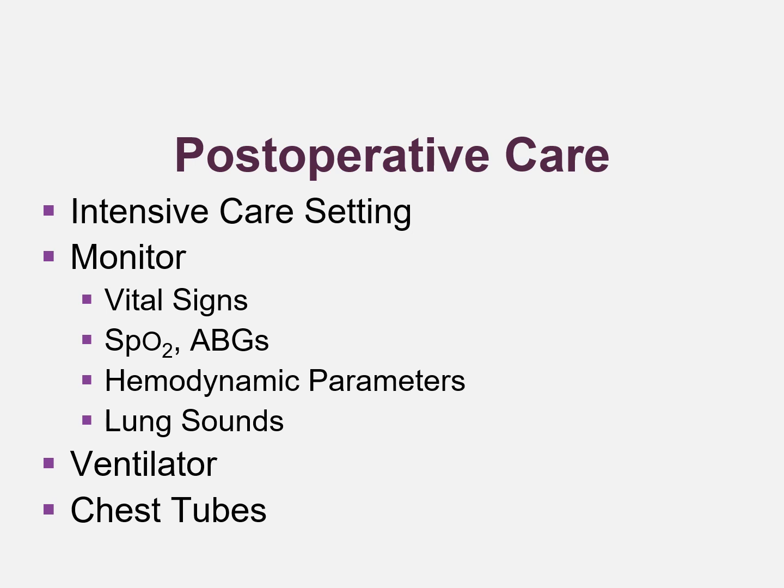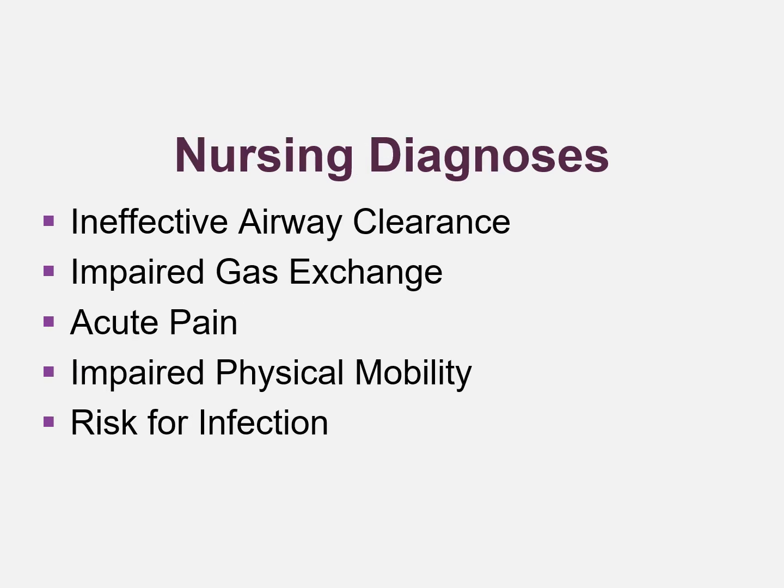We'll be following the hemodynamic parameters, using probably a ventilator and chest tubes and listening to different lung sounds. So once again, ineffective airway clearance, impaired gas exchange, acute pain, impaired mobility, risk for infection.